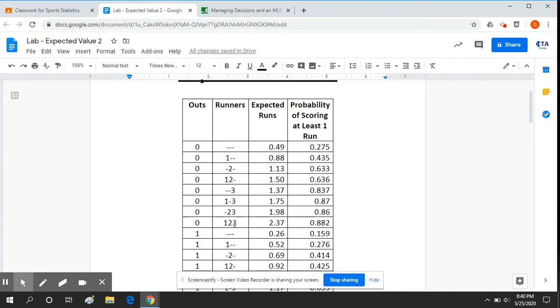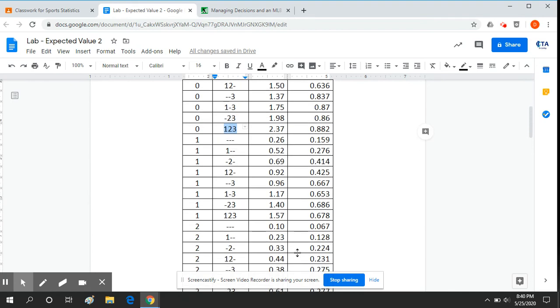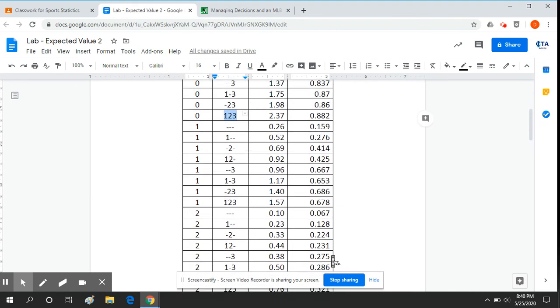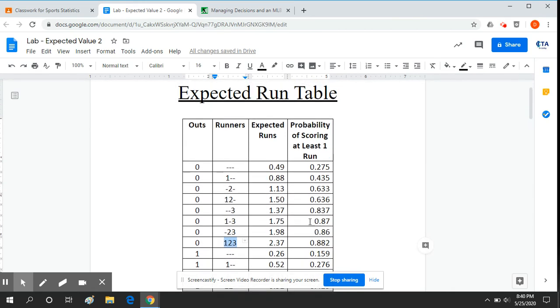Because bases loaded with Mike Trout at the plate is very different than bases loaded with a pitcher at the plate. So just keep in mind that when you're doing it, this is just sort of a generic table that applies to a generic major leaguer, like an average major leaguer.